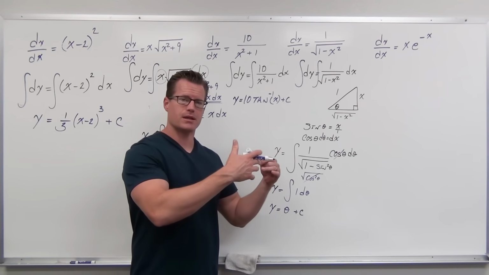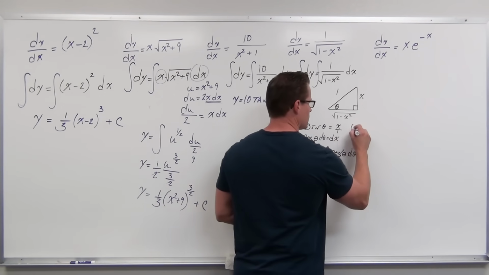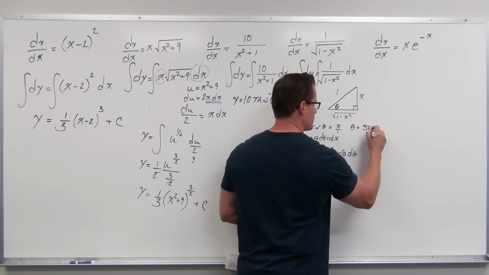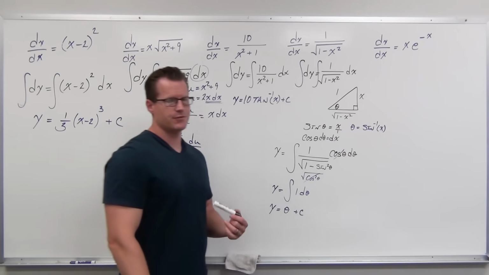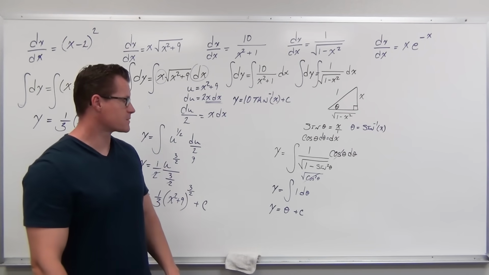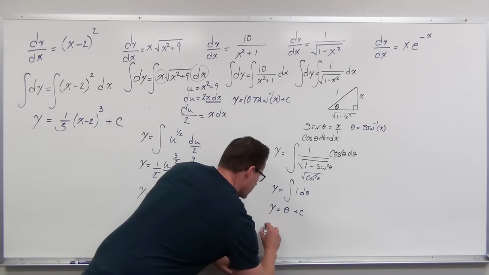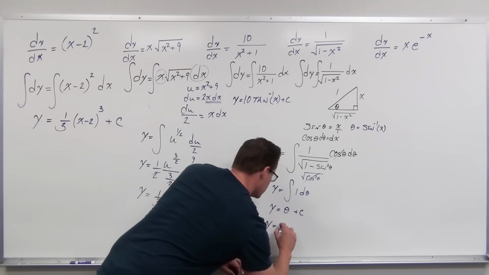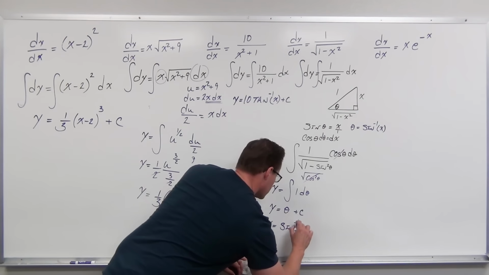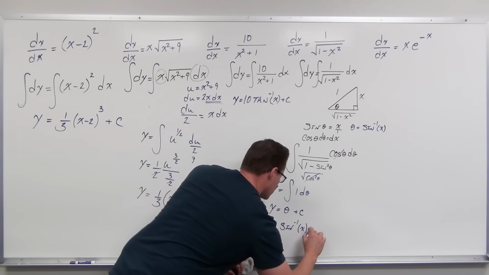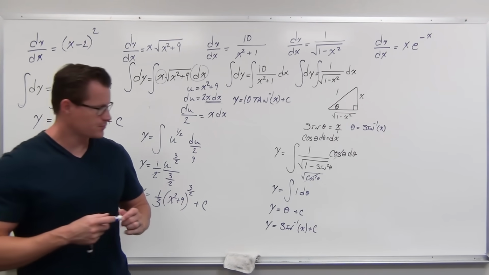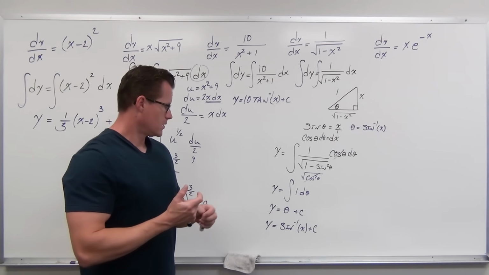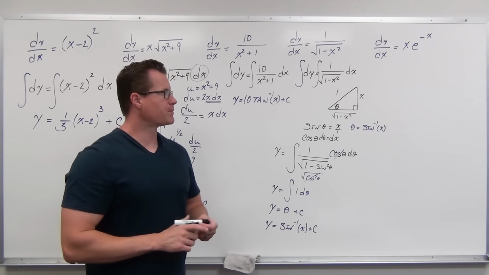If sine theta equals x, then theta, by definition, has to equal sine inverse of x. So what we have is y equals sine inverse of x plus c, which is nice.